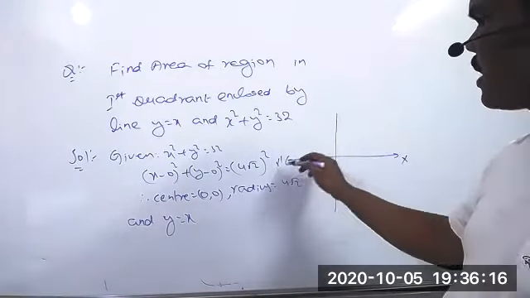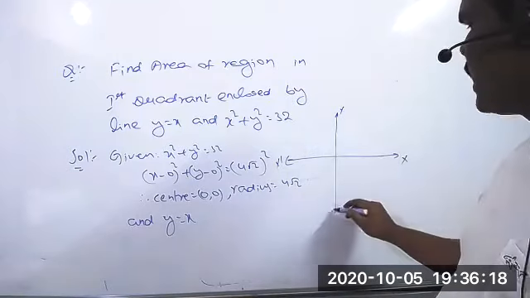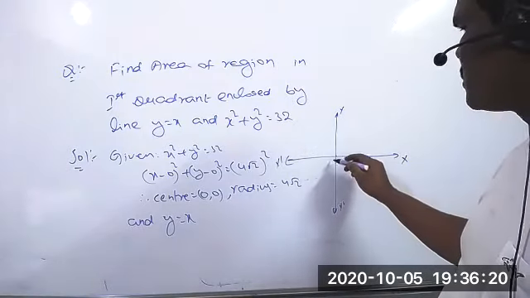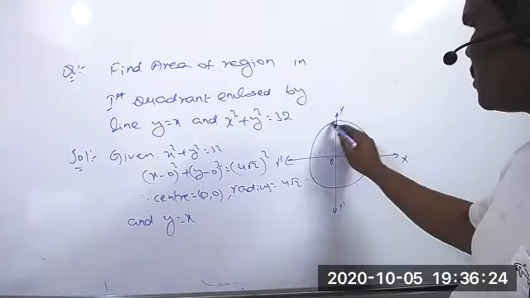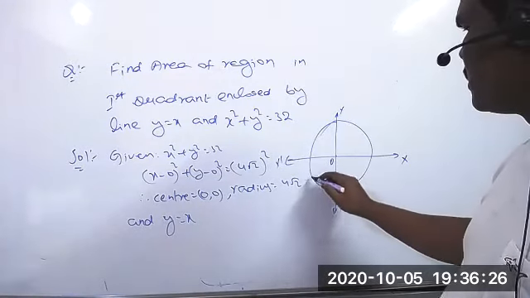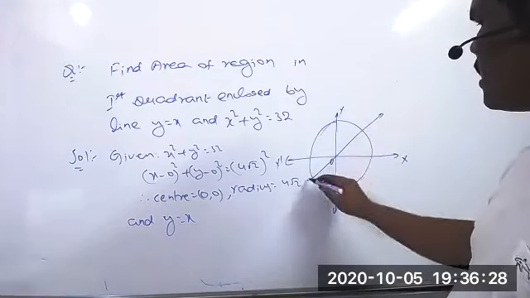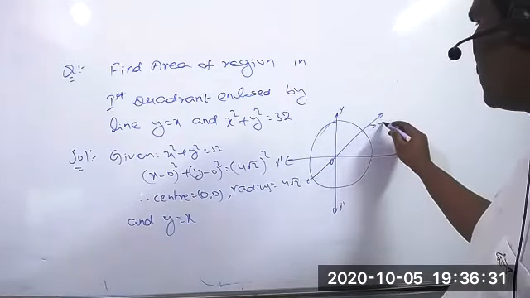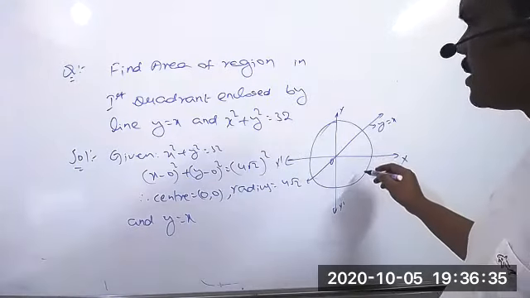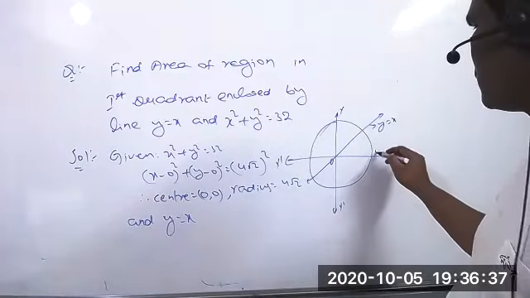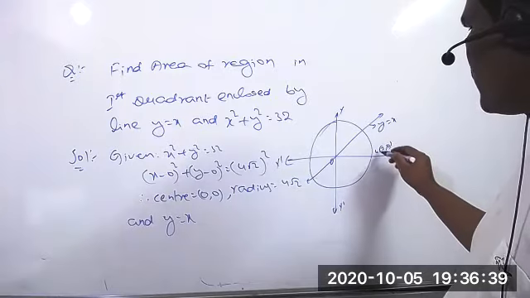X axis, x dash, y dash, and this is the origin. So clearly the circle we get like this, and this is the line y equal to x, and the radius equal to 4 root 2 means this is the point 4 root 2 comma 0.